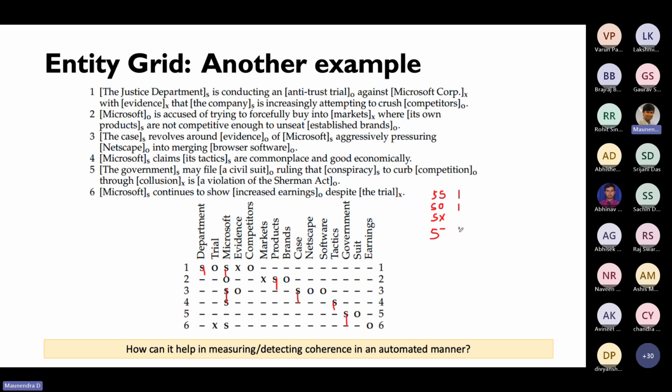So S to blank is 5. It's across the whole document, not the whole data set. Then suppose we have X to blank, that is 1, 2, that's it, 2. So this will give the 16-dimensional representation for this entire document.